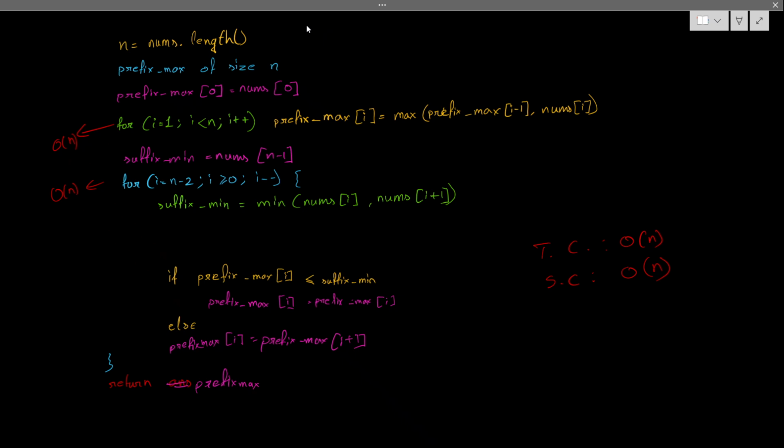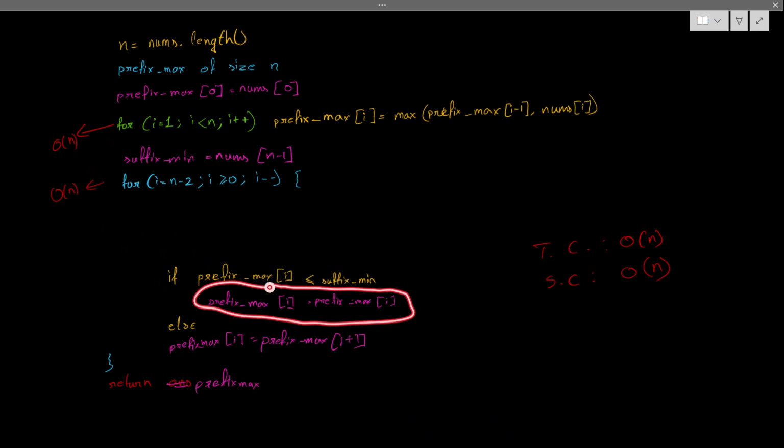And this step I don't need right now; I'll write it at the end of the loop. But you notice this is a useless thing: I'm assigning the value prefix max of I with the same prefix max of I. So it is useless, and I can remove this if condition. I remove this one, right.